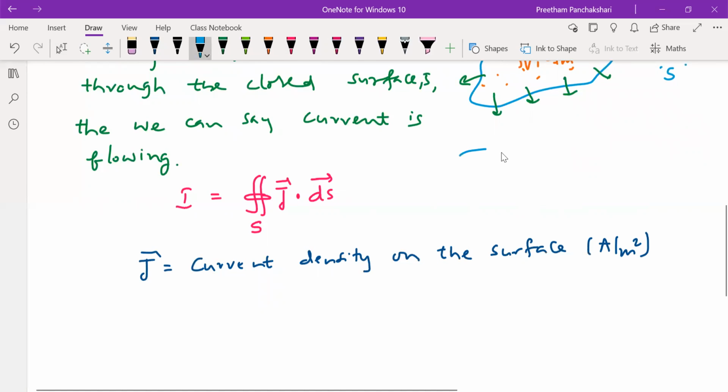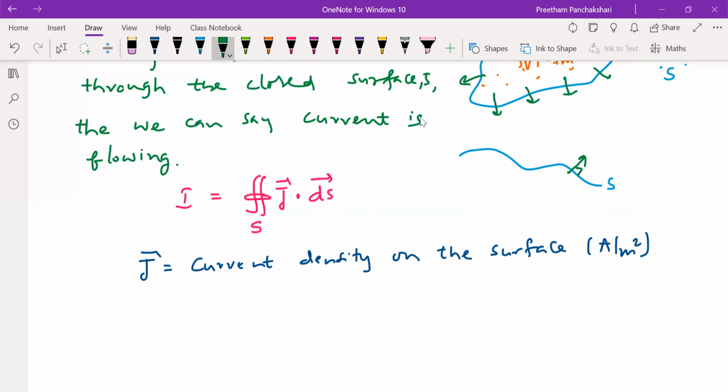That means if the surface S is having some direction, then obviously the current is assumed to be flowing perpendicular to the surface.